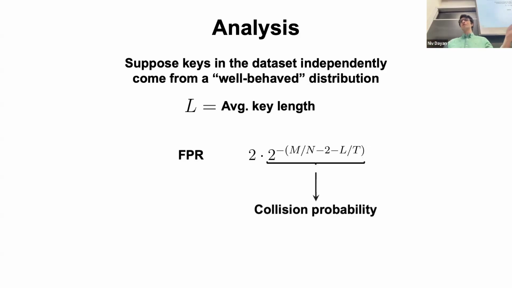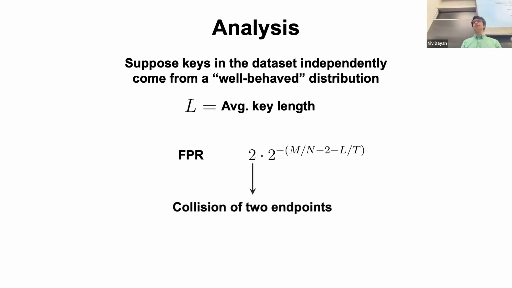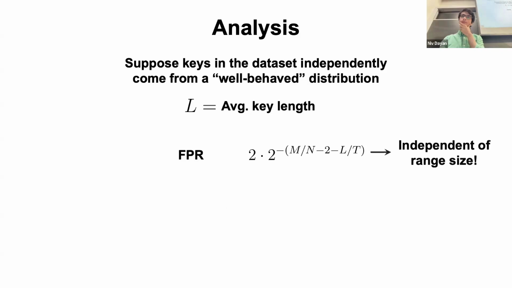Because the infixes are uniform, 2 to the negative of that is going to give you the collision probability. That multiplied by 2 is going to give you the probability of a false positive for a range query, because a range query has 2 endpoints. Now, the nice thing you can notice is that this expression is independent of range size. So this gives you independent, variable length queries and variable length keys.